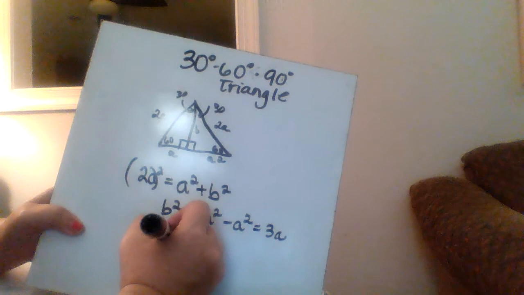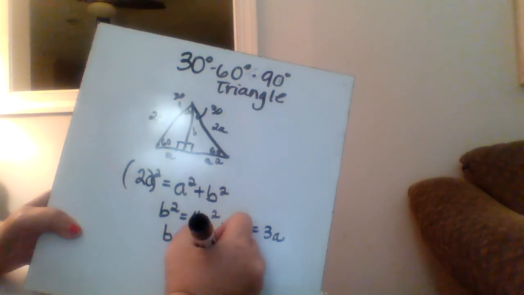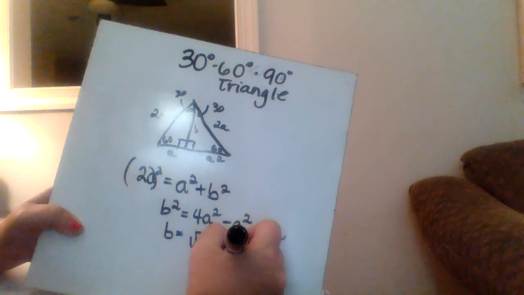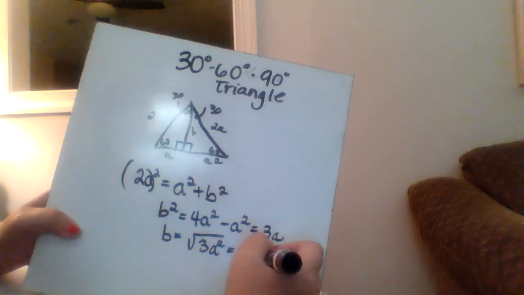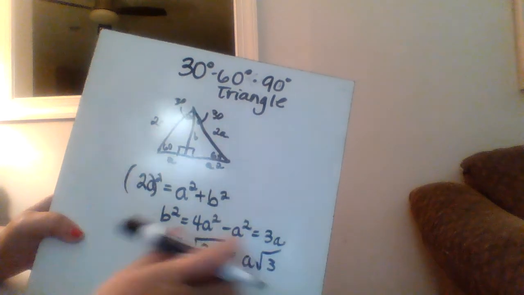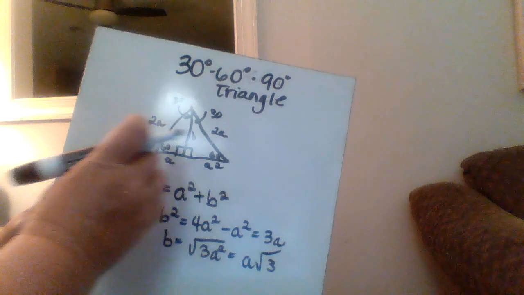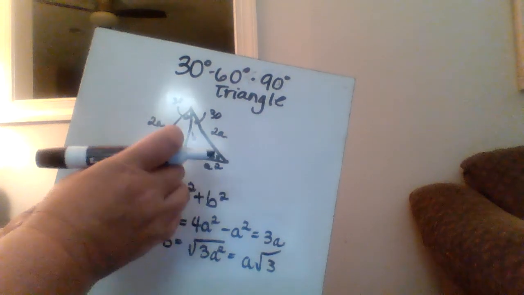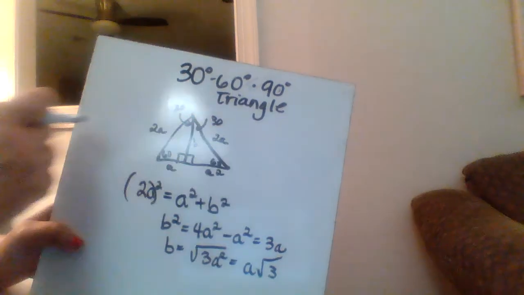So b would be equal to the square root of 3a squared, which is equal to a square root of 3. All of this is just to give you a little bit of the theory of how we come up with our hypotenuse and our longer leg formulas for the 30, 60, 90 degree triangle.